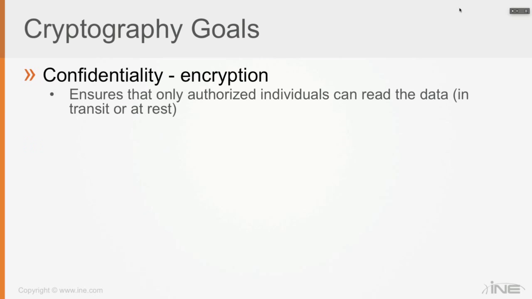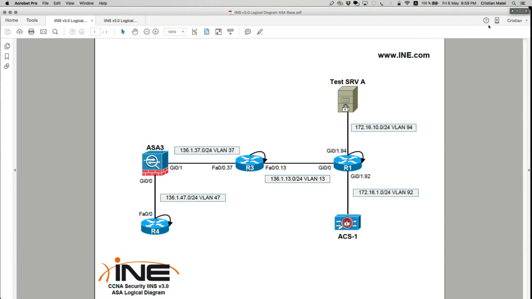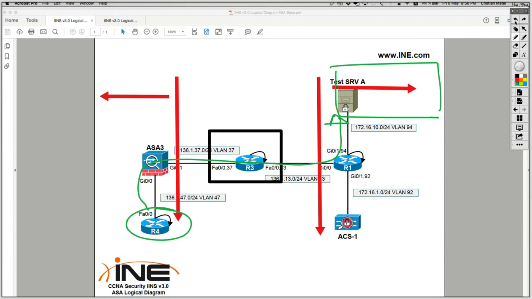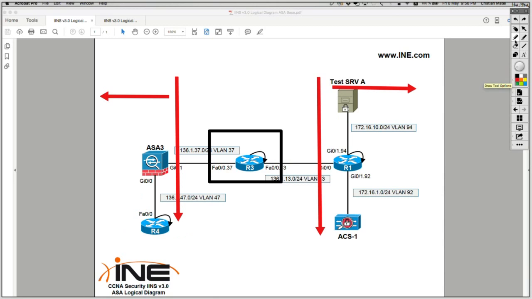So confidentiality means encryption, which means we're going to somehow change the data so it's not readable in transit or at rest. As traffic flows through that untrusted network, say what you send to that transit network is a PDF file, which contains, doesn't matter, let's say an image.